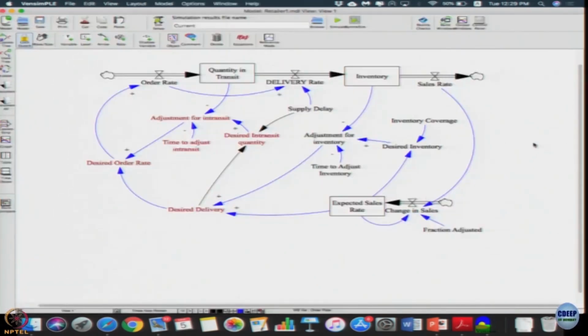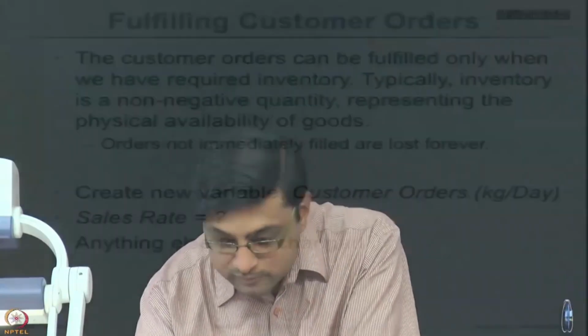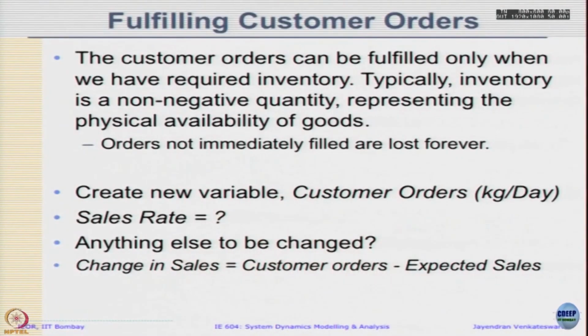So what can we do? We can create a new variable. Customer orders, let us keep it separate. We will update the sales rate as per that. Since we know the customer orders, we directly change the sales.